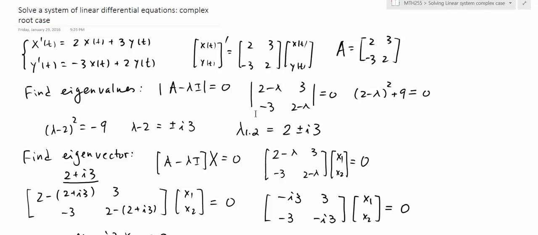Now, next step, we need to find the corresponding eigenvector. We have two complex eigenvalues, but they are conjugates, so we just take one. The eigenvalue we take is 2 plus 3i, and we want to find its corresponding eigenvector.